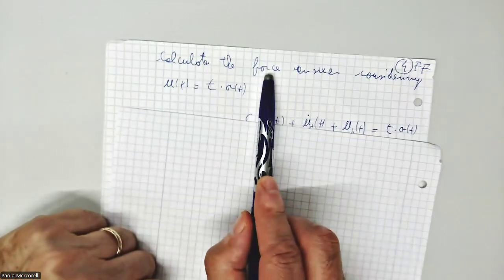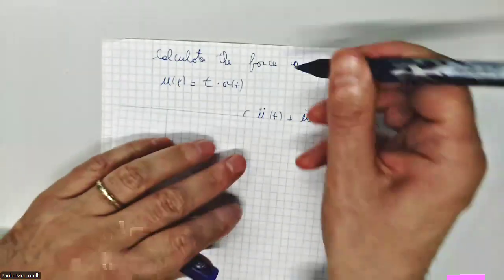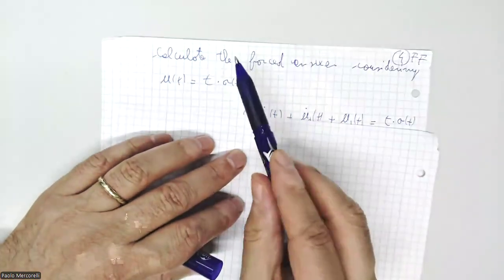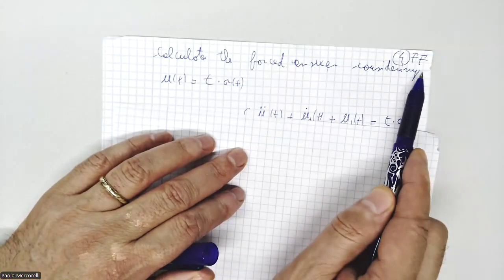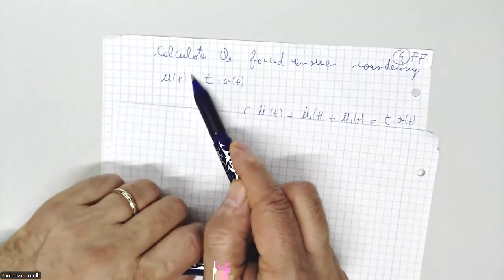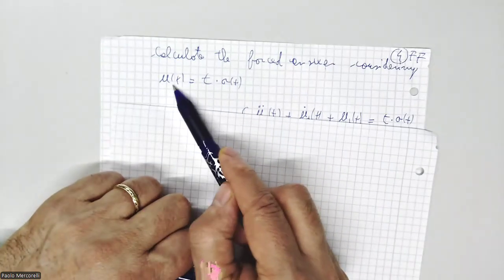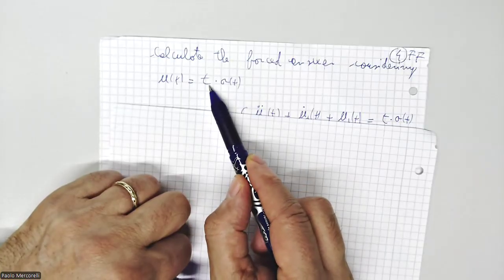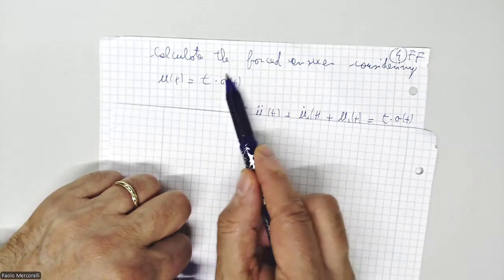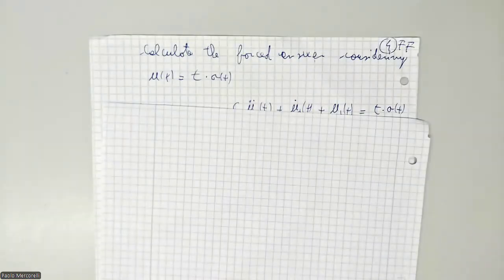Calculate the force response. Sometimes I am writing very quickly. Please pay attention now. U of t: until now we have seen a constant, you remember, times sigma of t. About the sigma, I will tell you now, and next time in more detail. Sigma represents an interesting function.